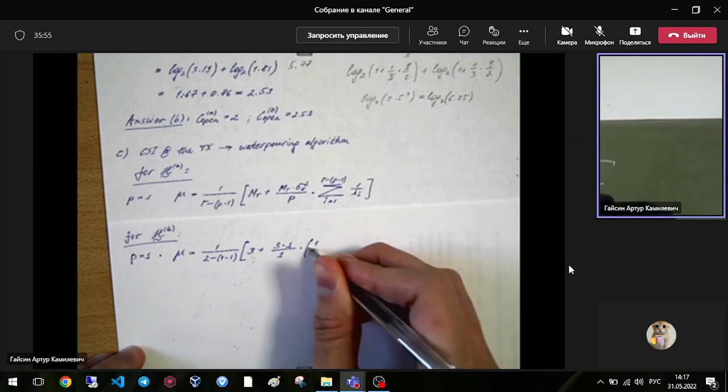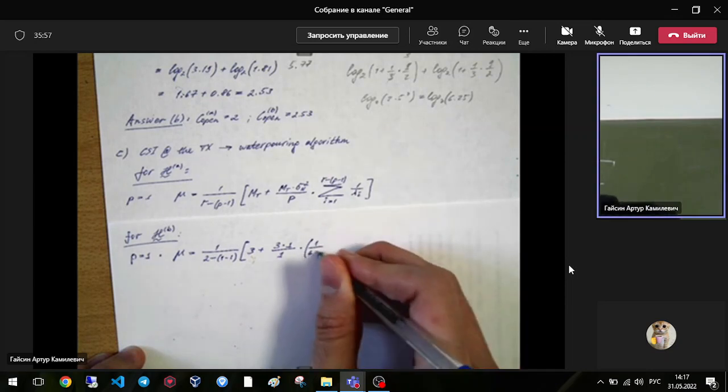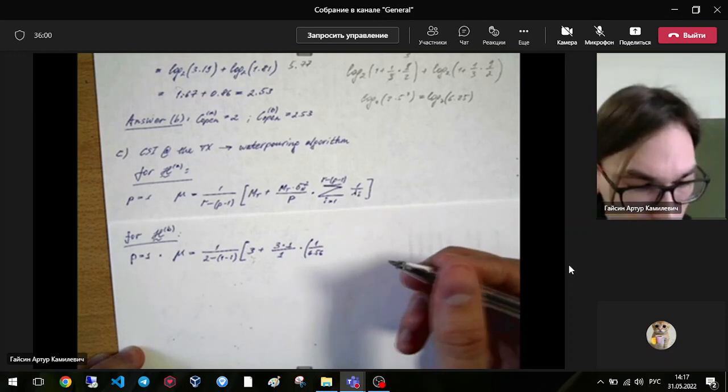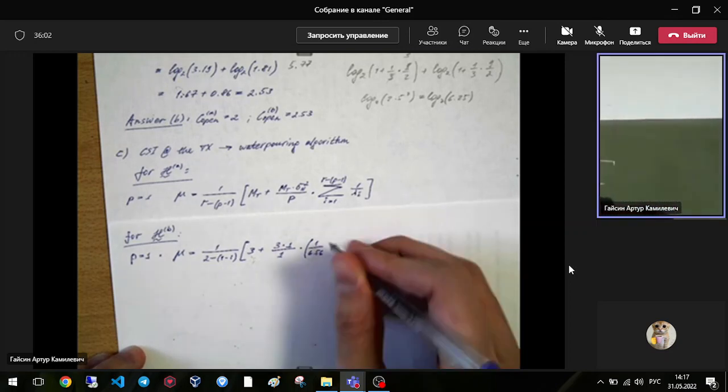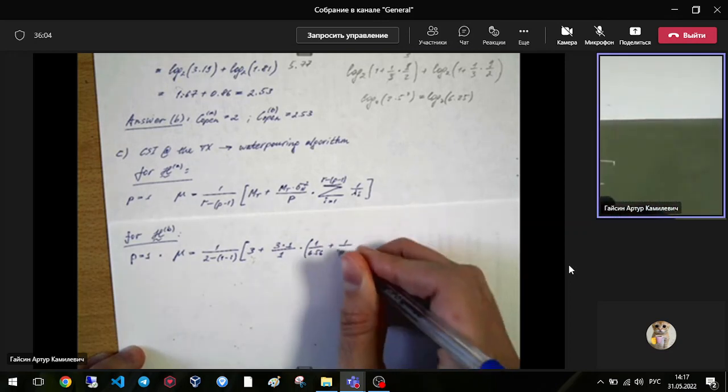So first it is 1 by 6.56, and second one is 1 divided by 2.44.